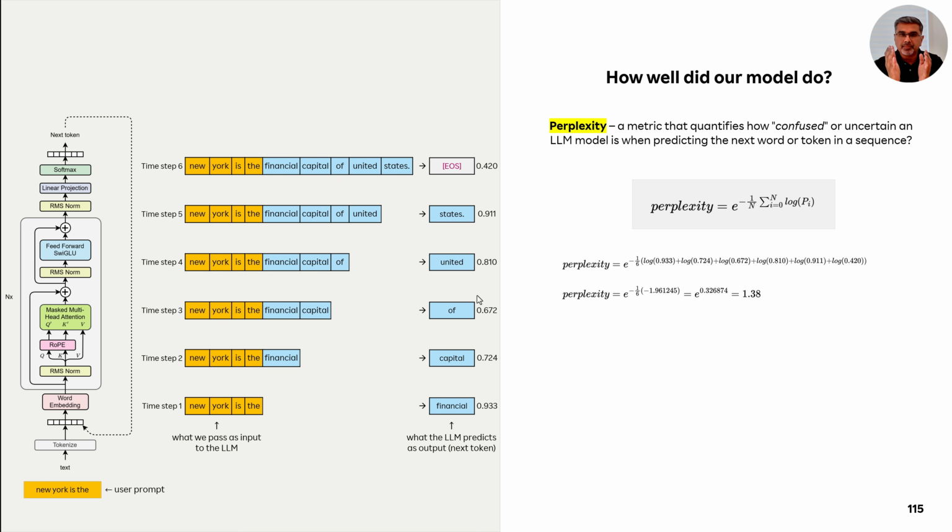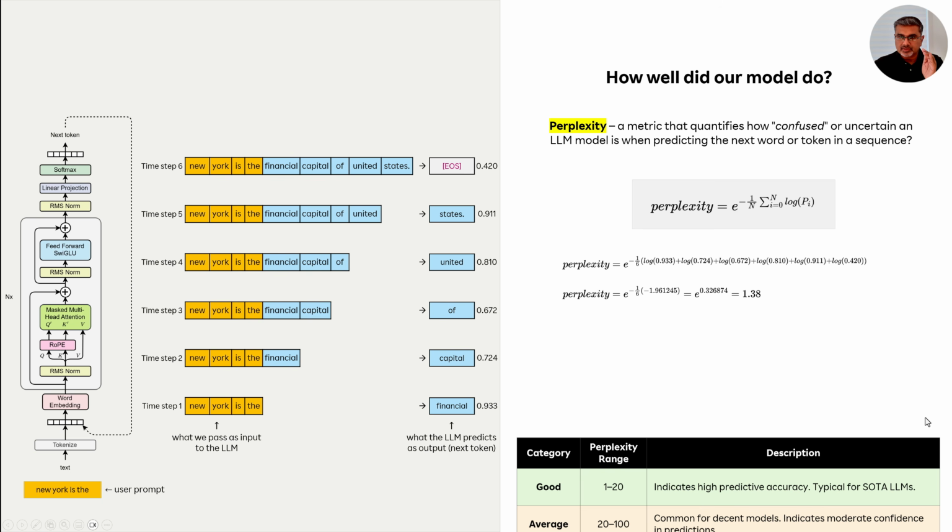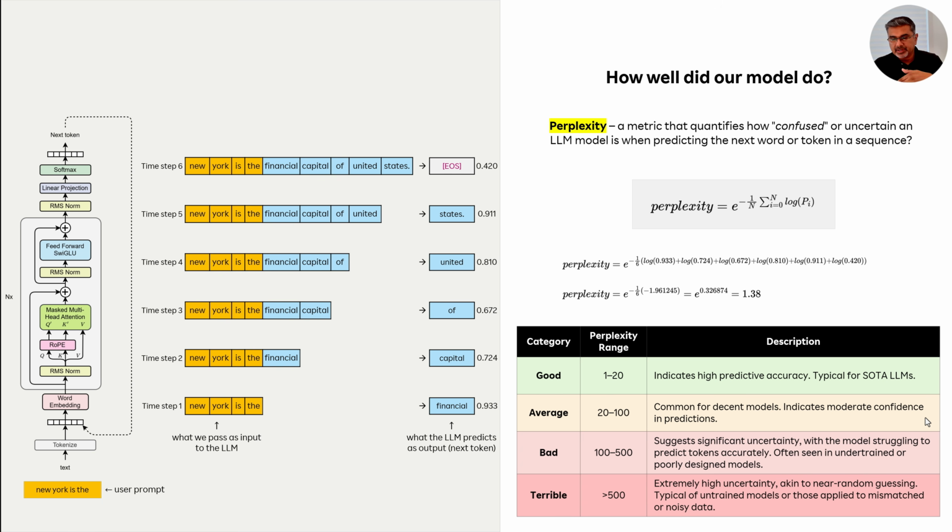Typically, a perplexity score of less than 20 is considered very, very good. State-of-the-art large language models get to a perplexity of 20 and less. An average smaller large language model, or one trained with a very small sample set, can do between 20 to 100. If you go past a perplexity score of 100, it means that on average at each step, the large language model had 100 possible tokens that it could pick from.